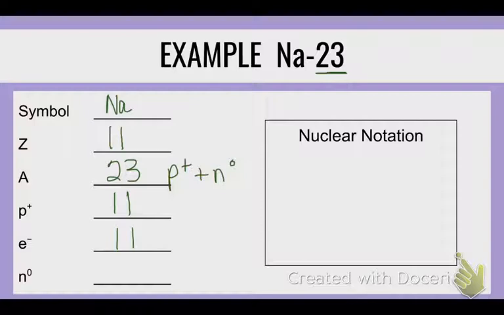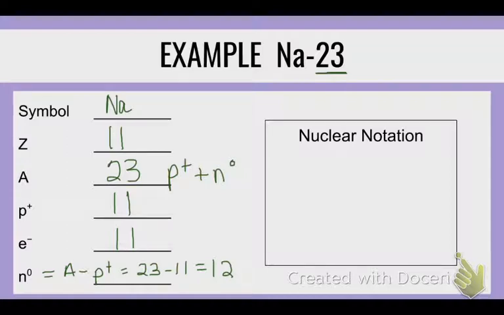So neutrons could equal the mass number A minus the number of protons. So if I use that equation, 23 minus 11, the number of neutrons would be 12.